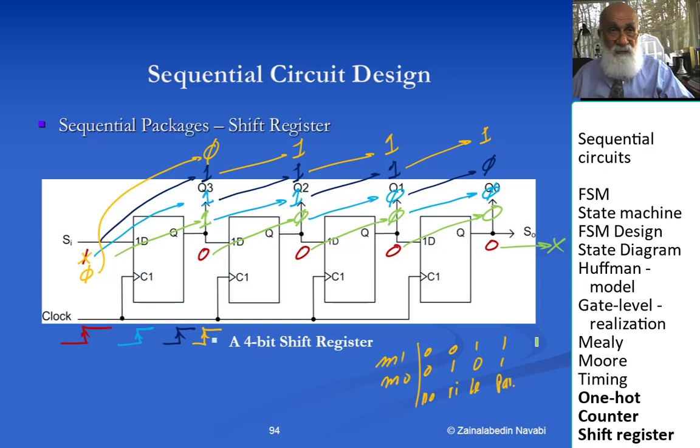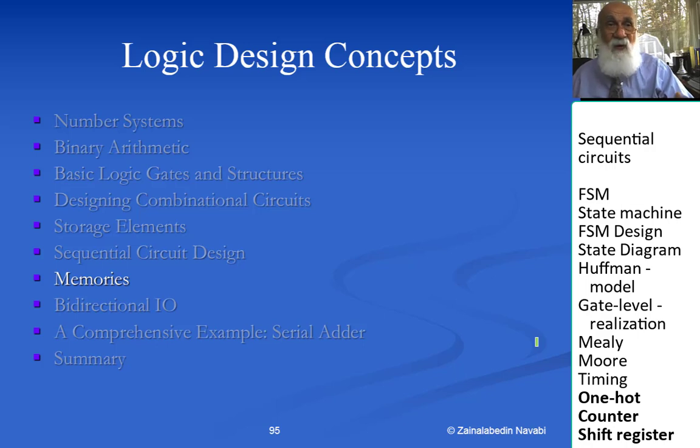All right, this is a shift register, and we have covered what we wanted to cover about sequential circuits. We talked about the state machines, counters, and shift registers. Now, you have learned the basics of counters, but then you can have all types of counters.